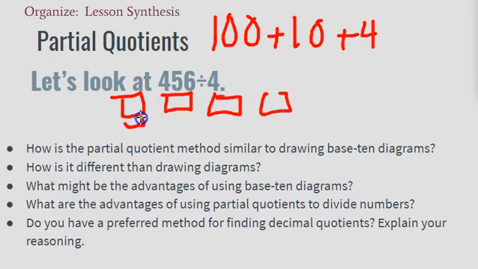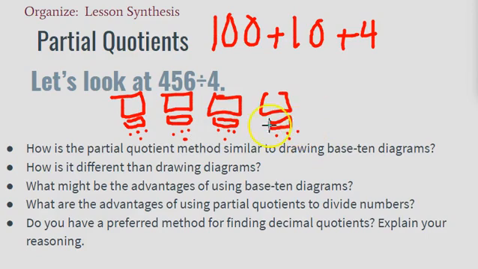Then you've got a group of 10 for each one. And then you've got one left over 10, which you put with the ones. Now you've got 16 ones, and that's how you end up with the 114.